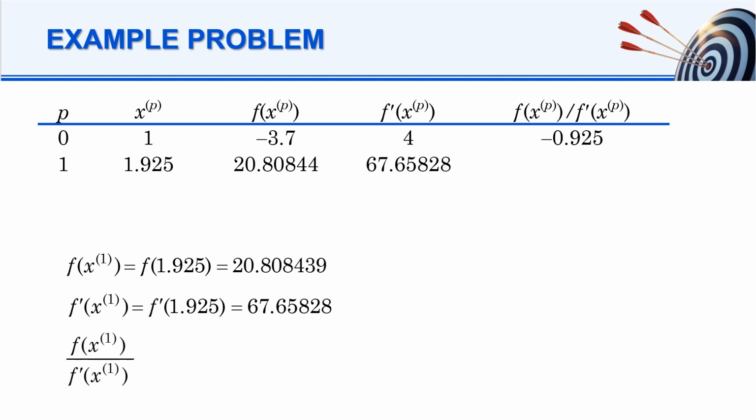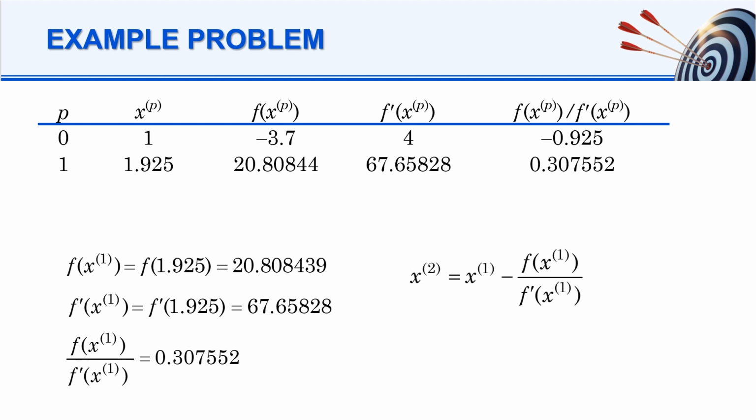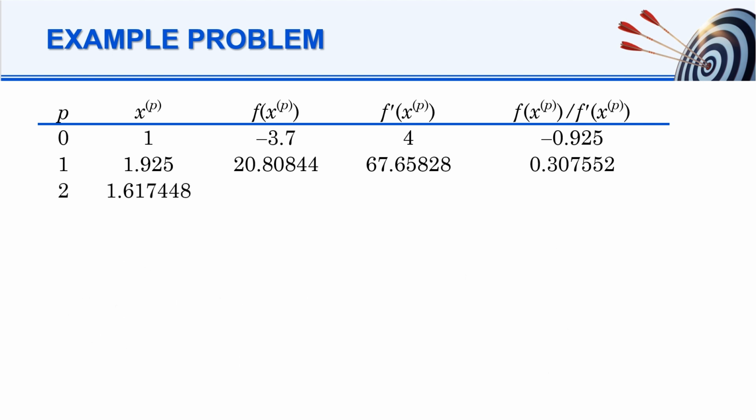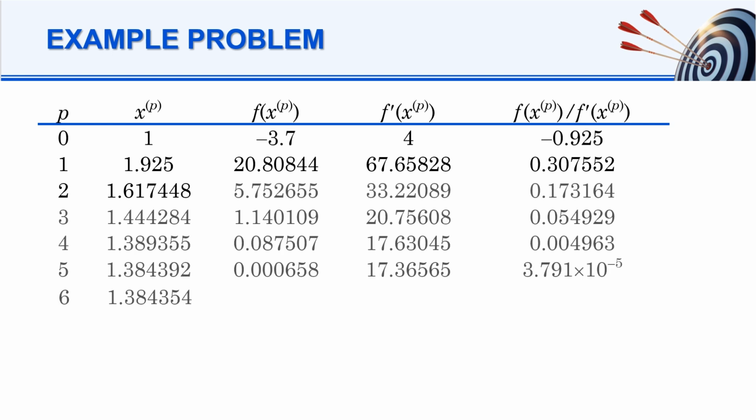The ratio of f(x1) to f'(x1) becomes 0.307552. The second estimate is then calculated to be 1.617448. If we continue the iteration process in this manner, we find the converged result after 5 iterations.